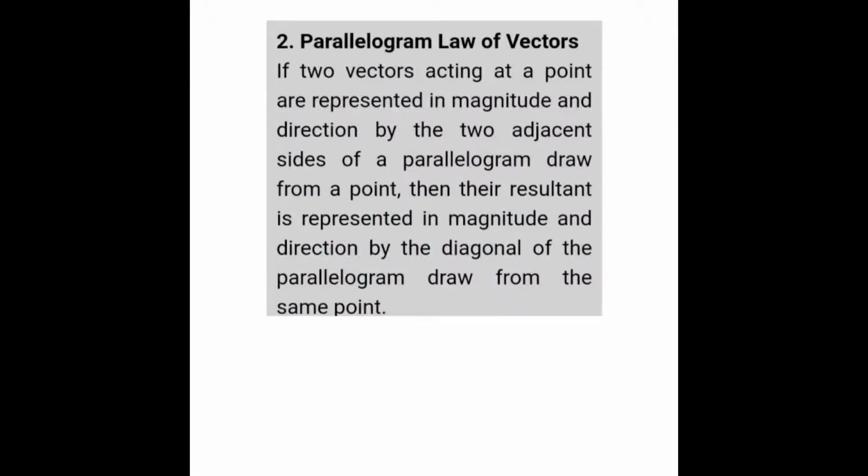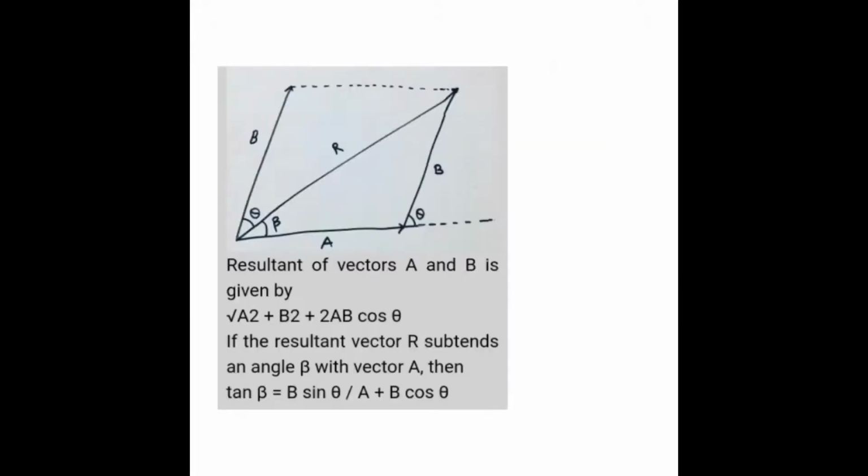So like triangle law of vector addition, we have parallelogram law of vector addition. Similarly, if two vectors are acting at the same point, like two sides of the parallelogram, then the diagonal drawn from the initial point O will give the resultant of these two vectors.